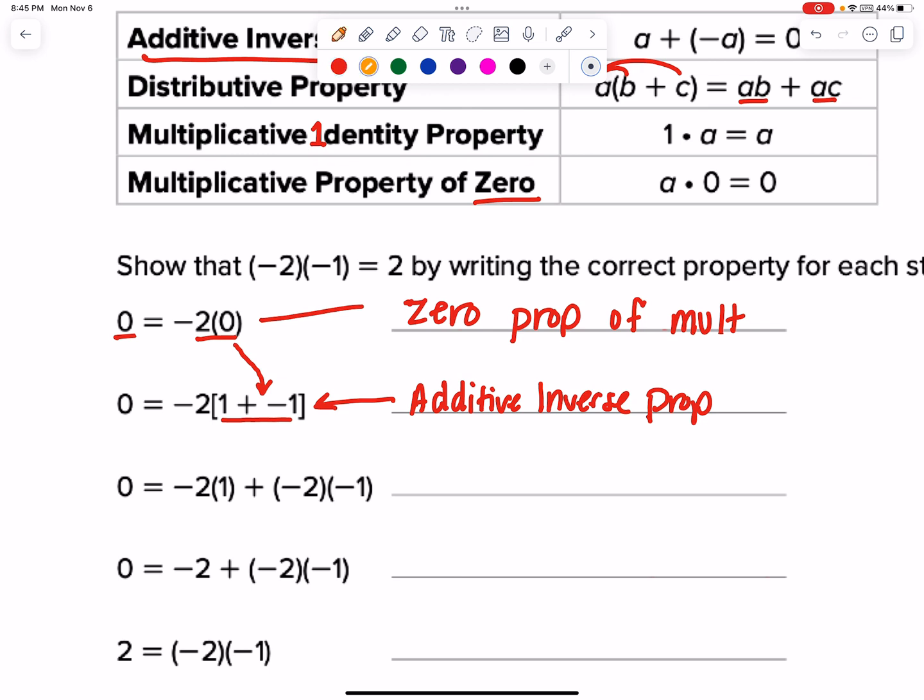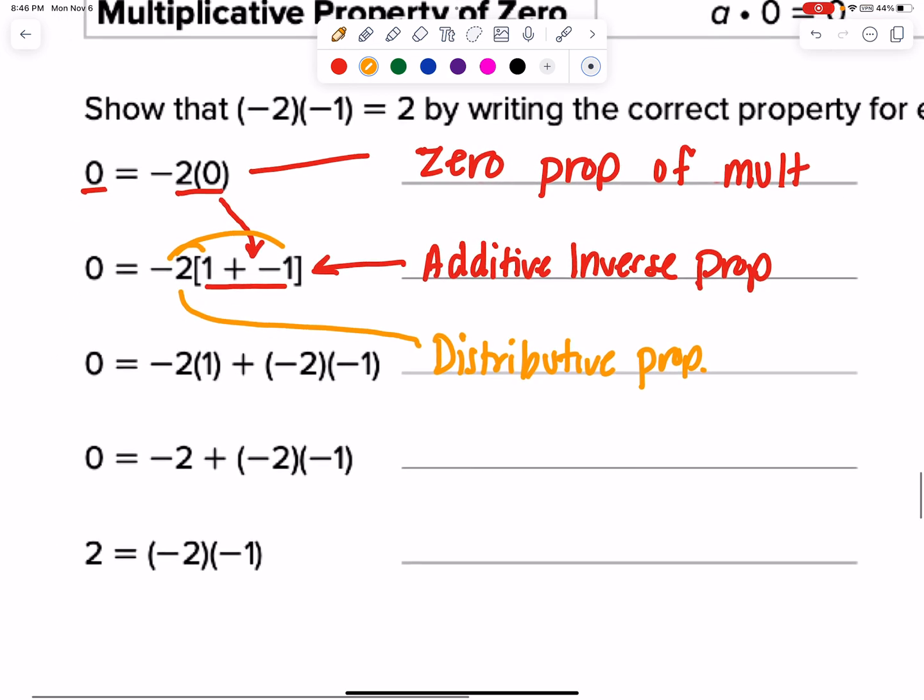Okay, so I'm going to switch colors here. I would show this move here. And this is representing the distributive property, when you distribute out the -2, so now it looks like what it does next to it.